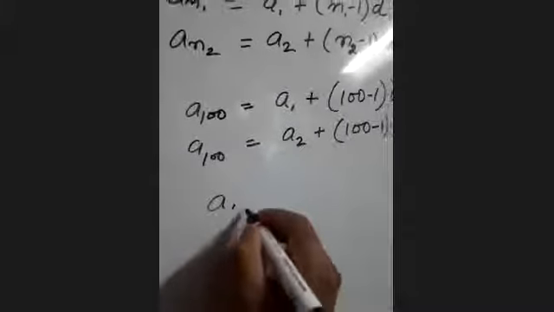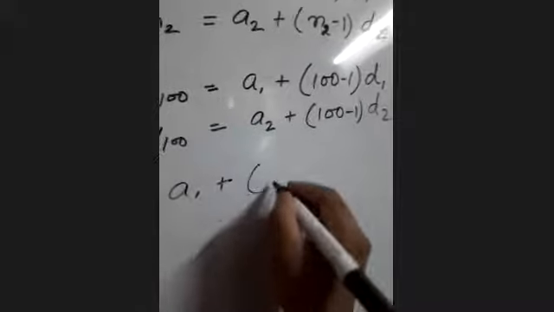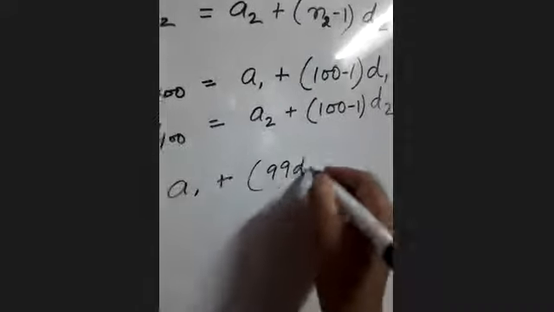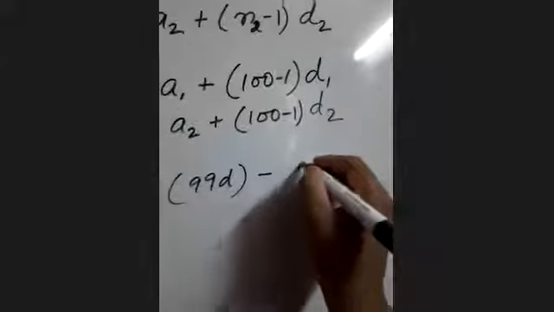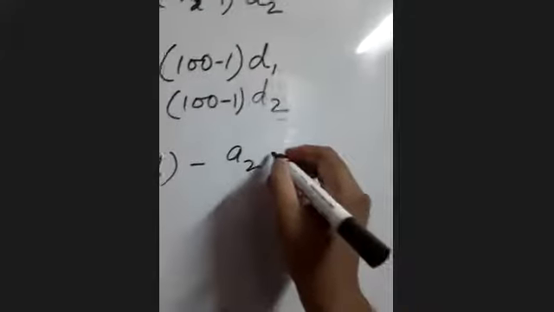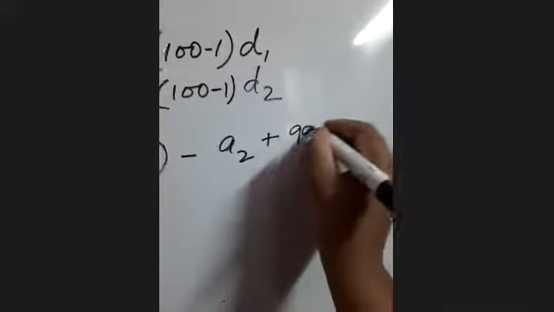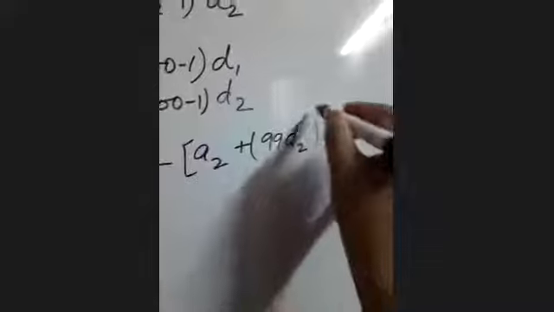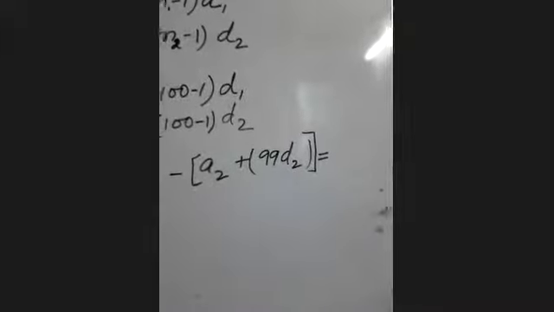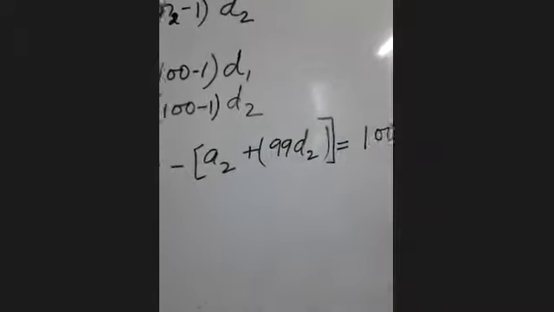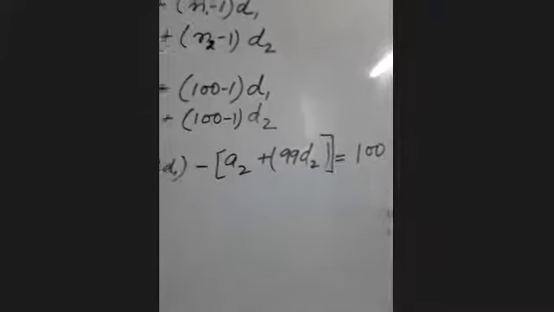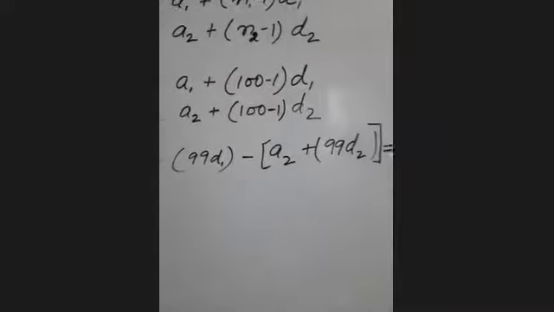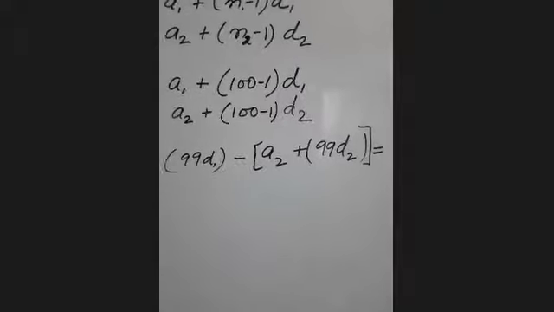So I am subtracting this AP from this AP and getting the difference as 100. That is (a1 plus 99d1) minus (a2 plus 99d2) equals 100. I have put the APs in the order given in the question.